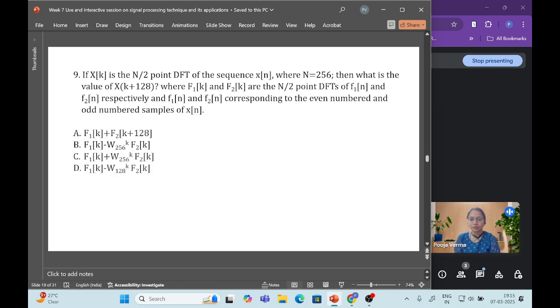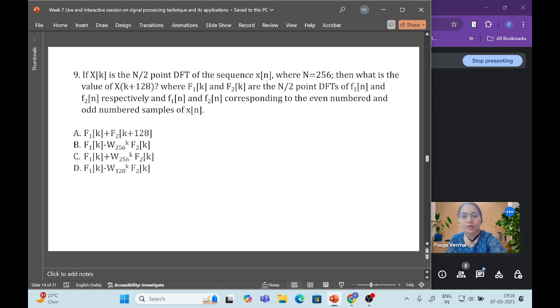So now moving to the next question. If X(k) is the N point DFT of a sequence x(n), where N is equal to 256, that means a 256 point DFT is given, then what is the value of X(k plus 128)?